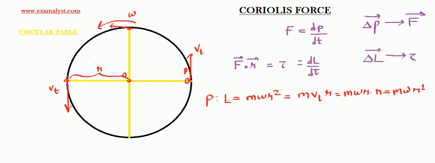Now tell me what happens when, on this circular moving table, point P starts running in the radial direction and reaches point P dash. At point P dash the value of angular momentum has changed.